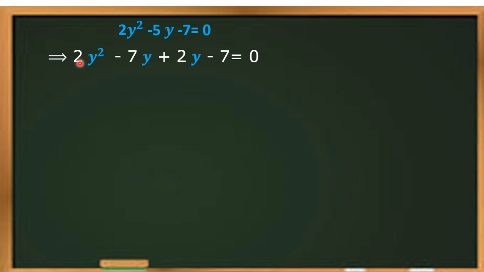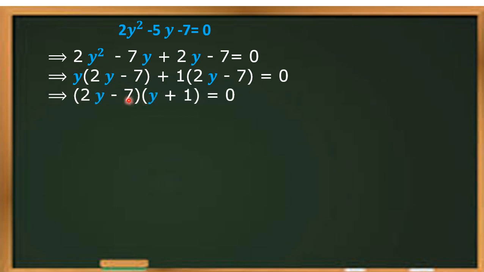Taking y common from the first and second term, we get y(2y − 7), and plus 1 we can take common from the third and fourth term. So we get 1(2y − 7). The quantity inside the bracket, 2y − 7, is the same in both the terms. So this whole quantity 2y − 7 is taken out as common, and the rest of the terms inside the second bracket is y + 1. So (2y − 7) and (y + 1) are the factors of this equation.